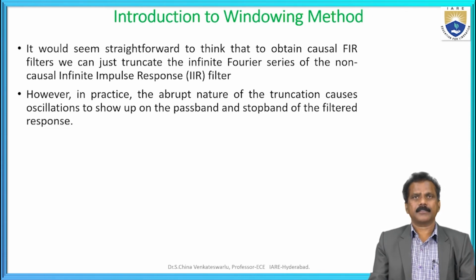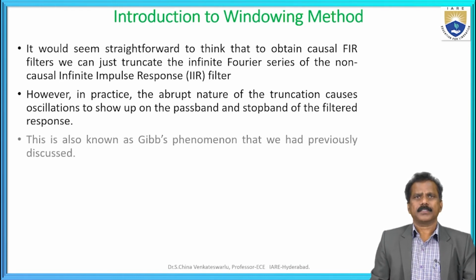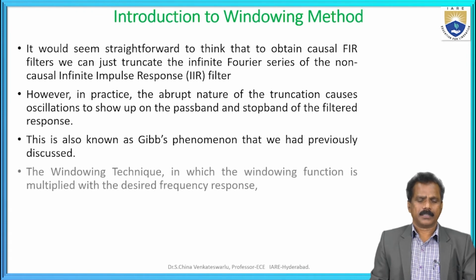Okay, this is based on the frequency response. This is also known as the Gibbs phenomenon that we discussed previously, in the earlier courses. So in the windowing technique, the windowing function is multiplied with the desired frequency response.